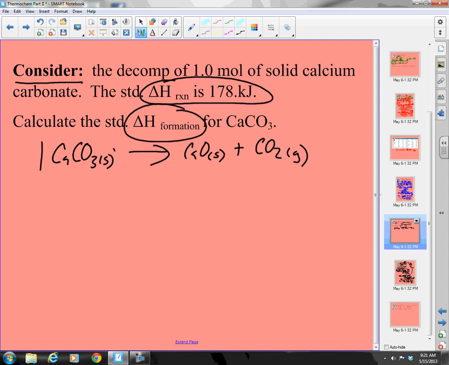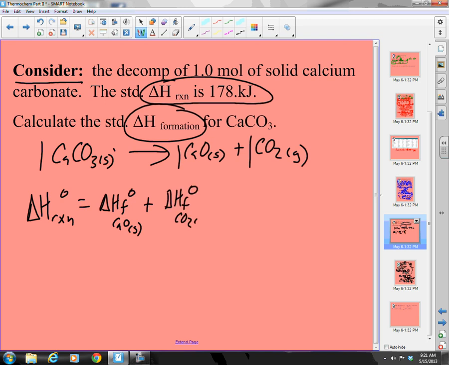And it's a 1, 1, 1. If we wrote our equation for delta H reaction, we'd say this is equal to 1 times the delta H of formation of CaO, solid, plus 1 times the delta H of formation of CO2, gas, minus 1 times the delta H of formation of calcium carbonate, solid.